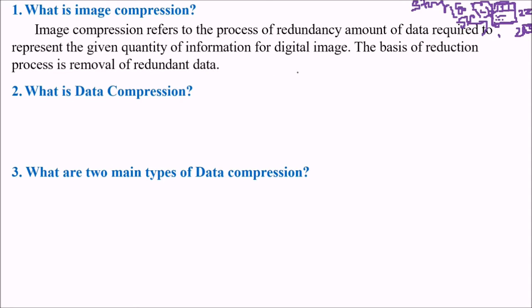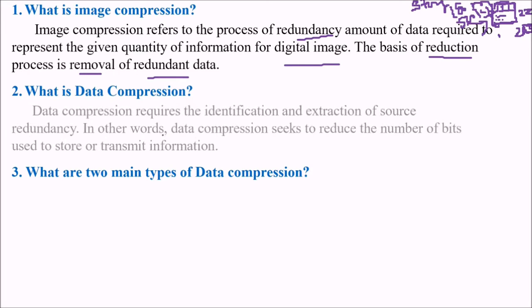Image compression refers to the process of reducing redundancy, that is repetition, in the amount of data required to represent the given information or quantity of information in the digital image. So the basis of the reduction process is removal of redundant data. What is data compression? What do we mean by data compression?